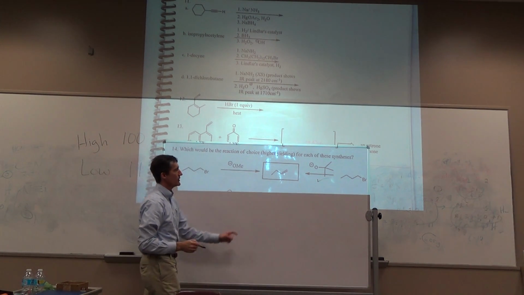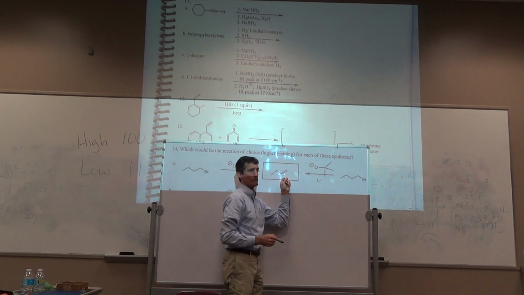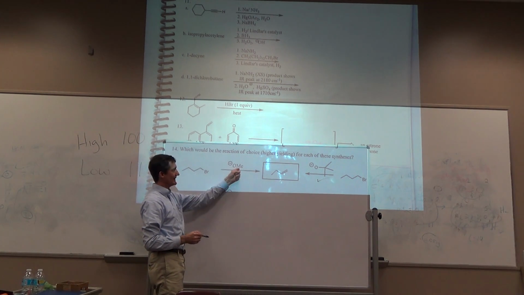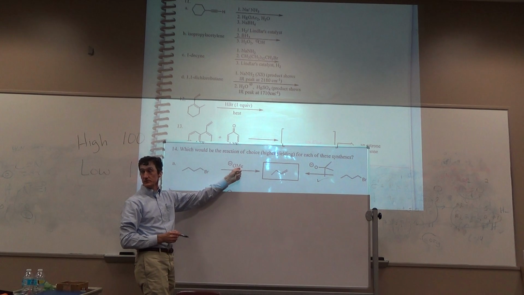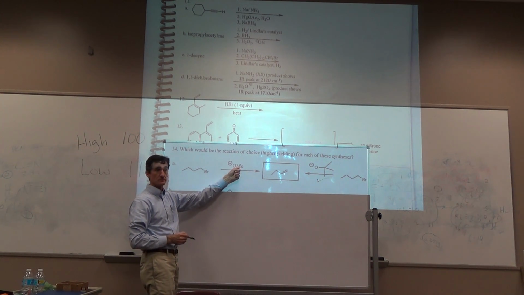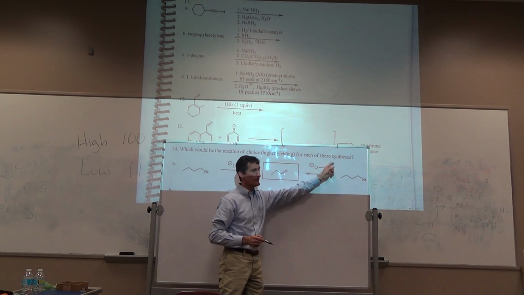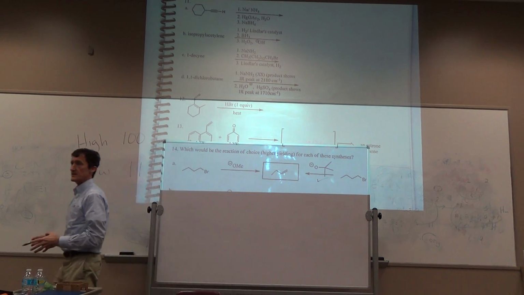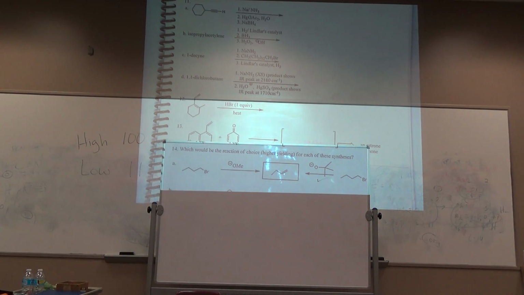You wanted to do only E2. This is not so bulky. It might also do an SN2. That bulkiness is going to inhibit the substitution. Maybe not totally inhibit it, but it's certainly going to reduce the possibility. That one is more straightforward.